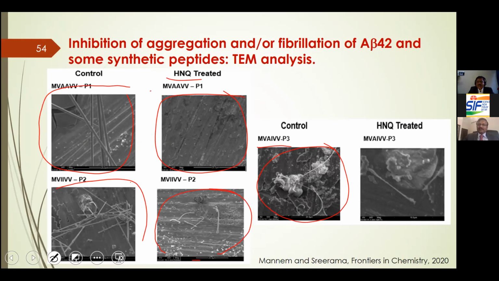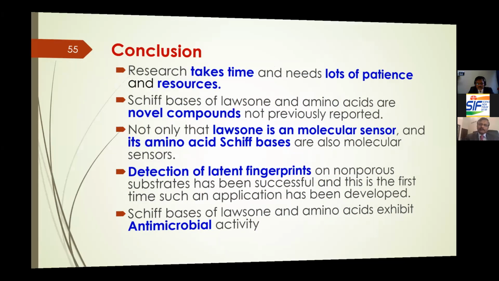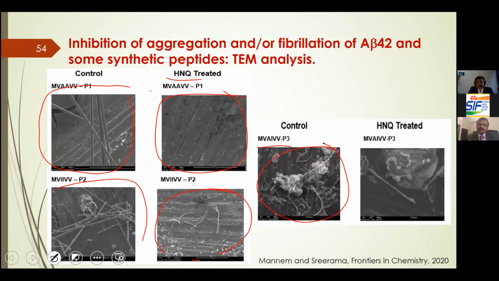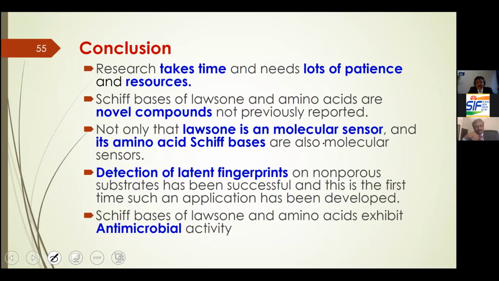Now, what we have not done, actually we have done, but I don't have the data to present clearly in front of you, is taking one of these amino acid Lawsone Schiff bases and see if we can dissolve these plaques. These experiments are ongoing and we are working on them right now. So let me conclude here so I don't make you get too bored.